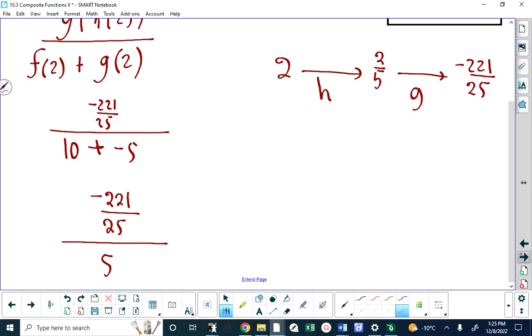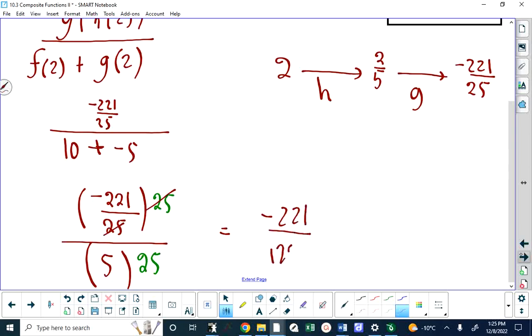But I can multiply the top and the bottom of this by 25 and get for an answer negative 221 over 125. Or you could just use your calculator with a bunch of brackets. I don't care. And neither will a marker here. That's not what they're testing your ability on. If they want to test your ability to work with fractions, it would be algebra, not numbers.